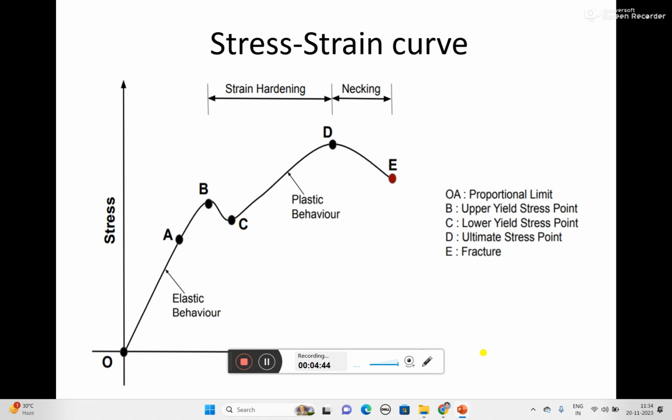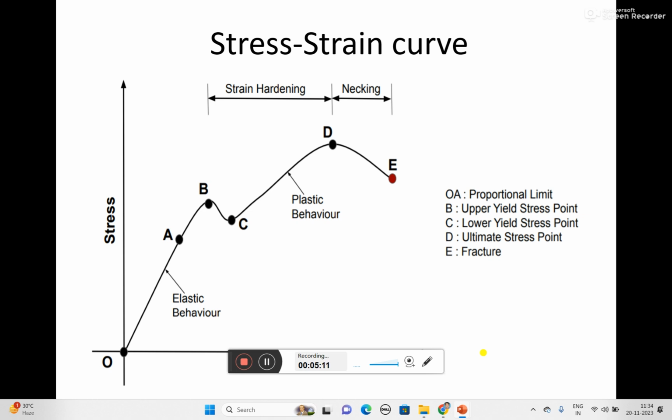You just observe this main stress strain curve. The stress is represented on the y-axis, and the strain is represented on the x-axis. According to the different loading conditions, different points are marked on the stress strain curve.